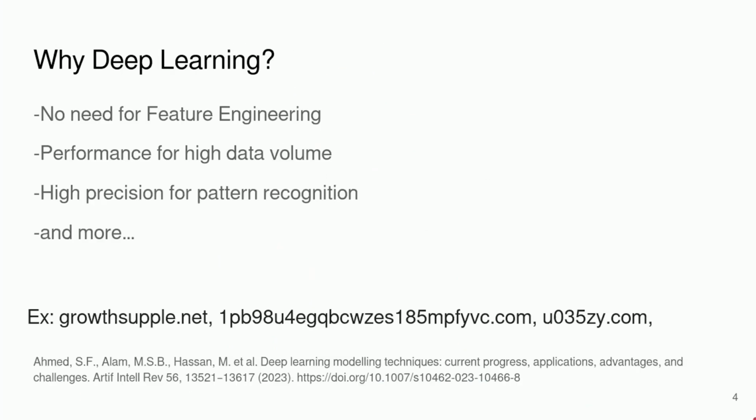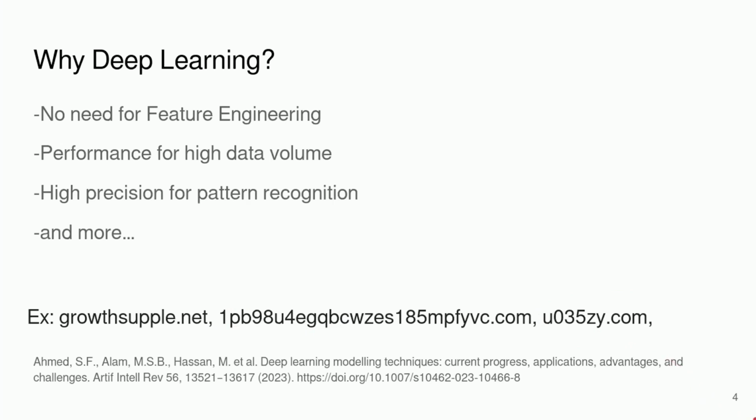We have chosen deep learning as our method to detect these domains. Why is that? Deep learning is a particularly suitable solution for this problem, since each domain generation algorithm is different. As you can see here, we have 3 generated domains, and they're very different from each other. This one is a word list, this one is a large collection of random characters, this one is a small collection of random characters.